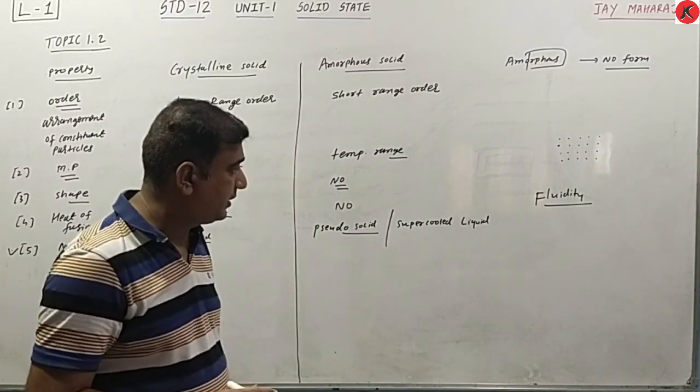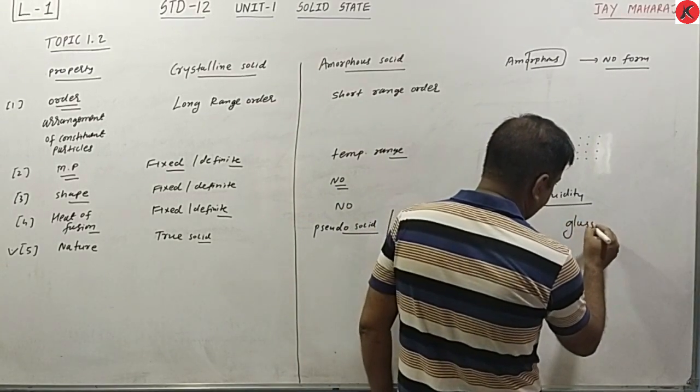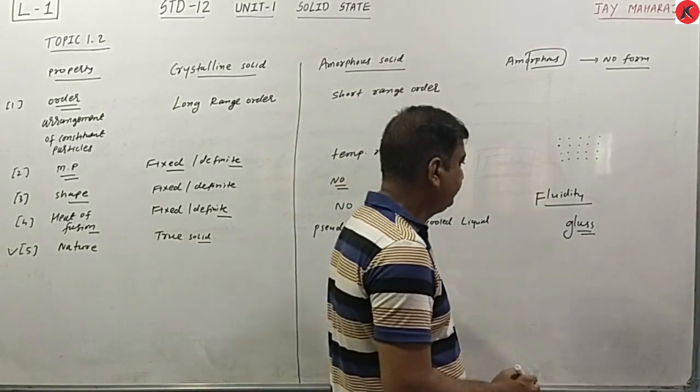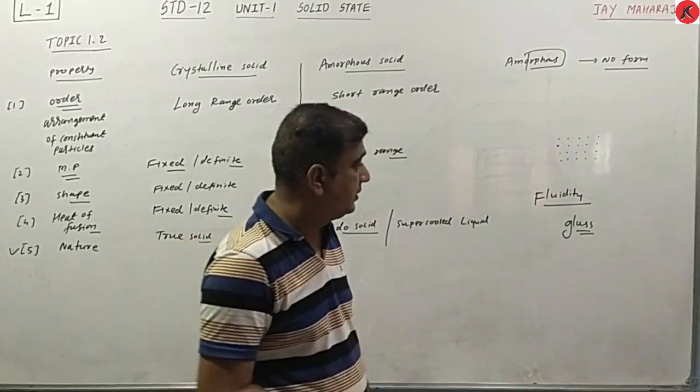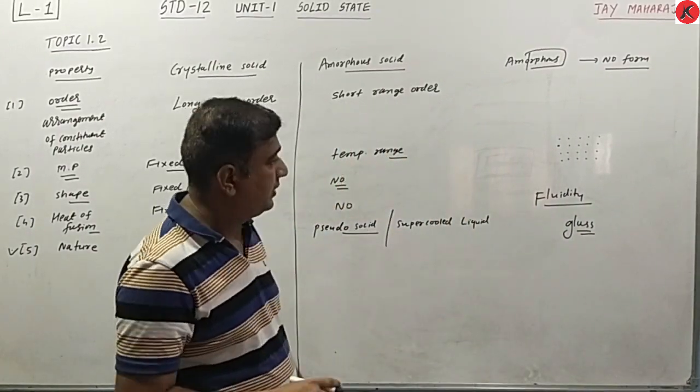In amorphous solid, example suppose glass, otherwise we can say plastic. Polymers are the examples of amorphous solid.